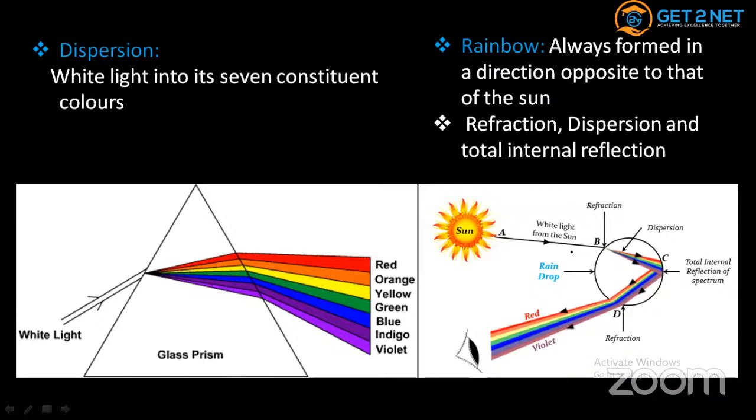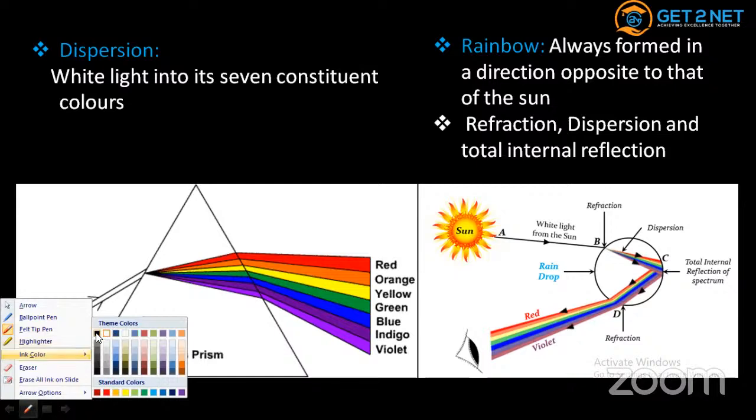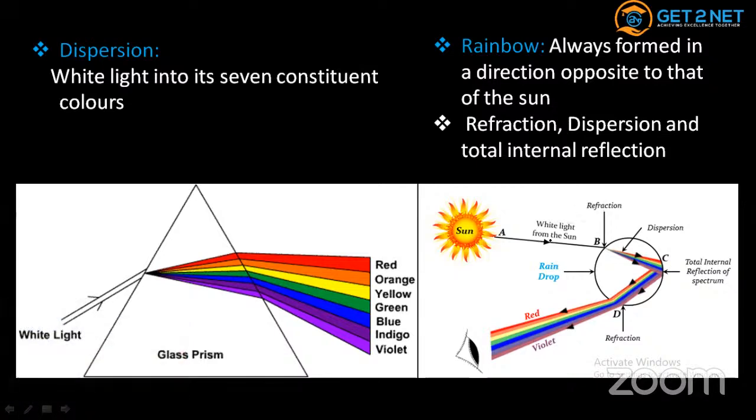There are different types of phenomenon taking place in the rainbow formation. For example, here you can see from the sun light is coming towards the water droplet. When we see a rainbow, at that time there is light rain, so there are those water droplets. When the sunlight becomes incident at this point on the water droplet, since it is going from air medium to water, obviously the refraction will take place, meaning the light will bend.